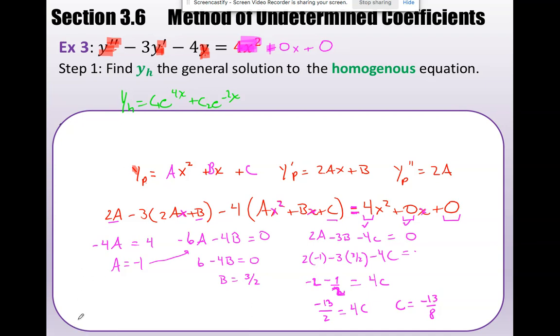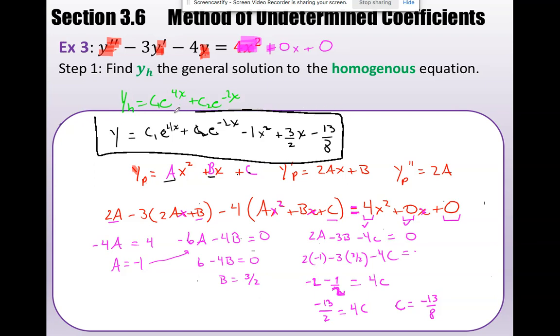So my final solution is the combination, the overall general solution to the homogeneous piece, minus a plus b plus c. Woot, woot.